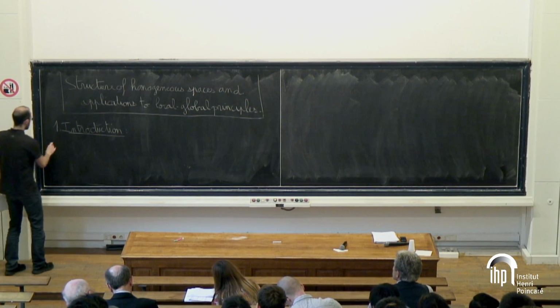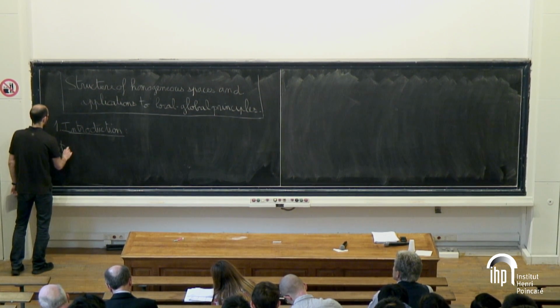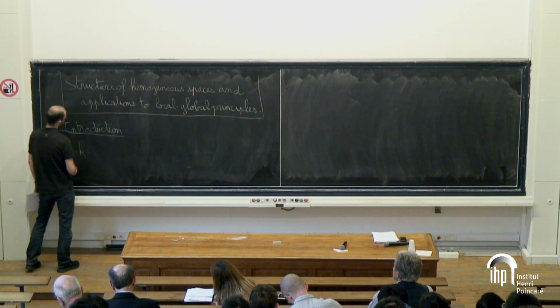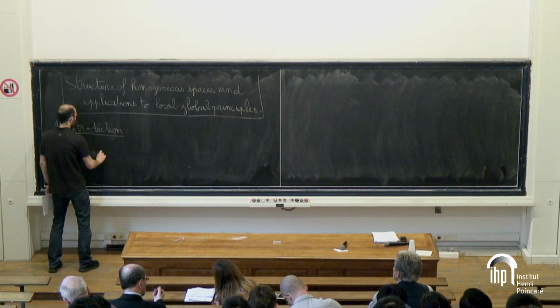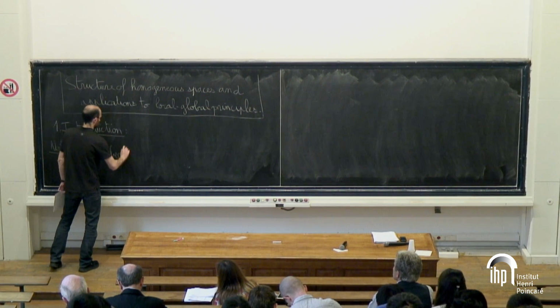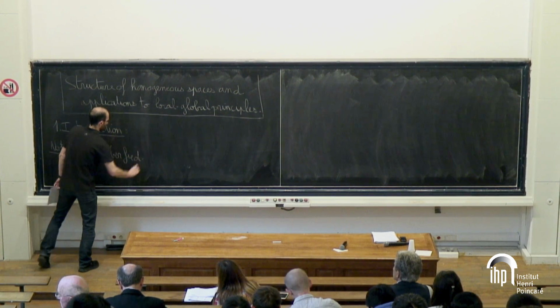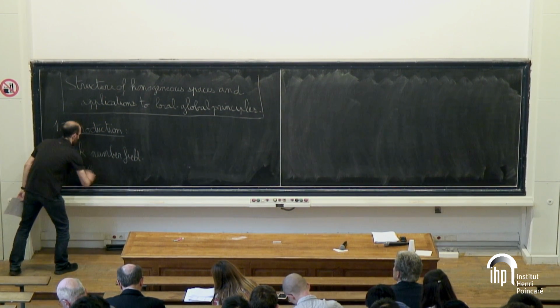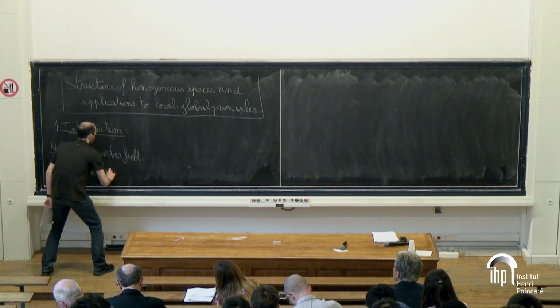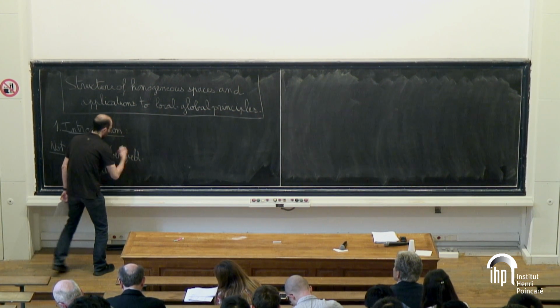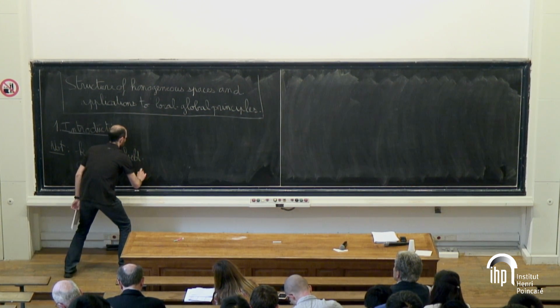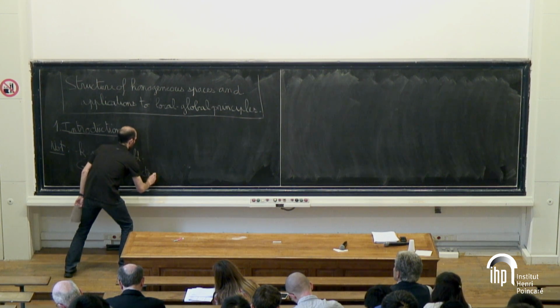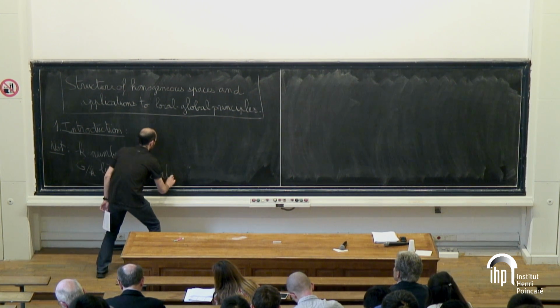So in the whole talk, little k will be a number field. G will be a linear connected algebraic group.